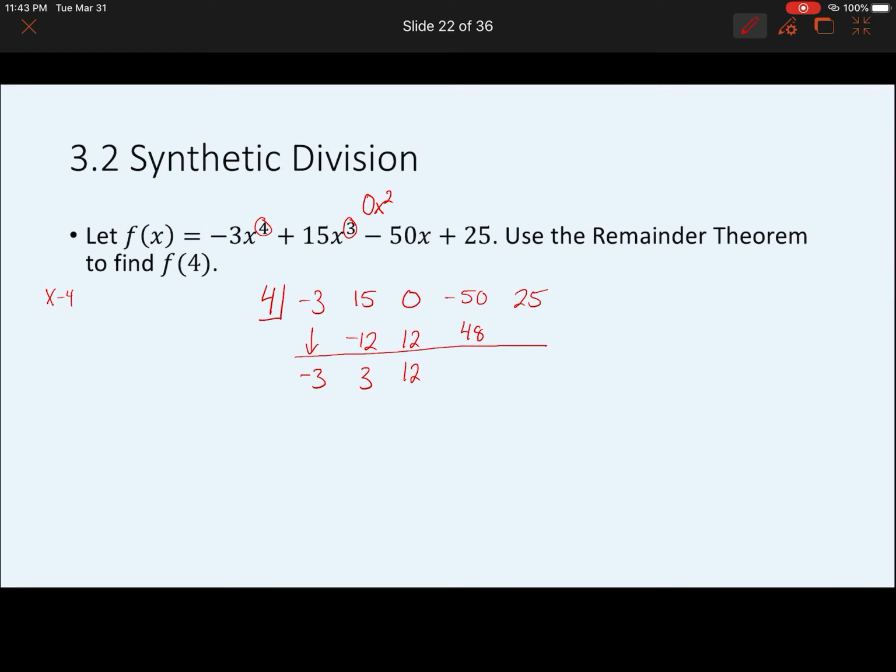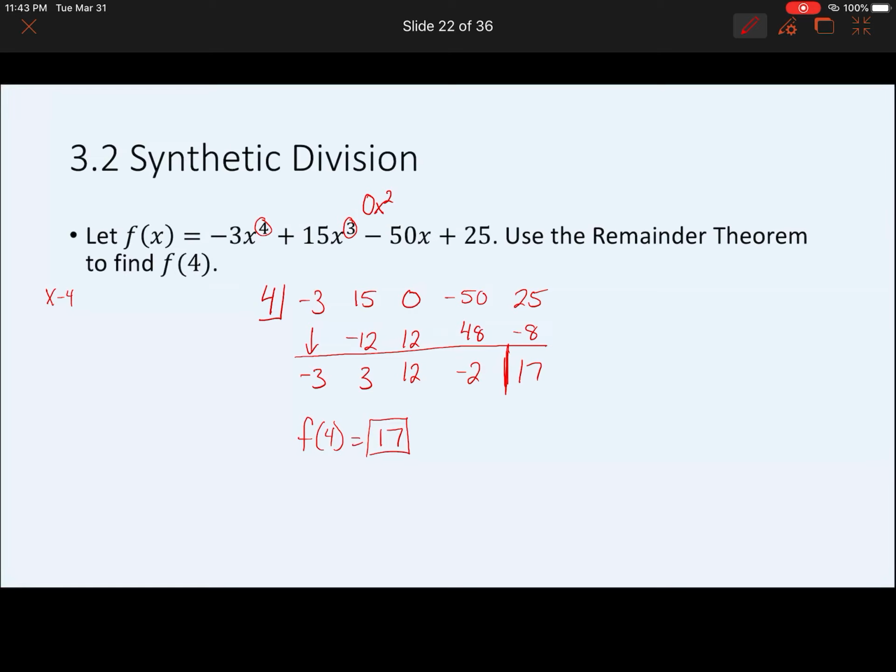And so, again, bring down the -3. And then we're going to multiply and add, and so on. So -3 times 4 is -12. 15 minus 12 is 3. 3 times 4 is 12. 0 plus 12 is 12. 12 times 4 is 48. -50 plus 48 is -2. -2 times 4 is -8. 25 minus 8 is going to be 17.